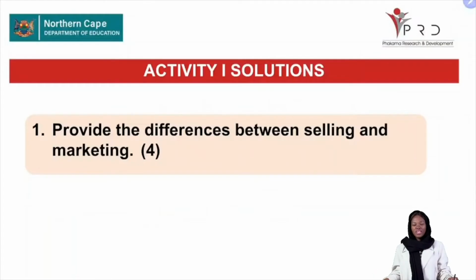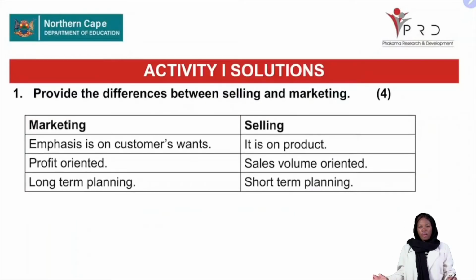Welcome back, and I hope you have finished your activity. It is out of 4 marks, where you were expected to provide the differences between selling and marketing. Marketing emphasis is on consumers' wants or needs, while selling emphasis is on the product.